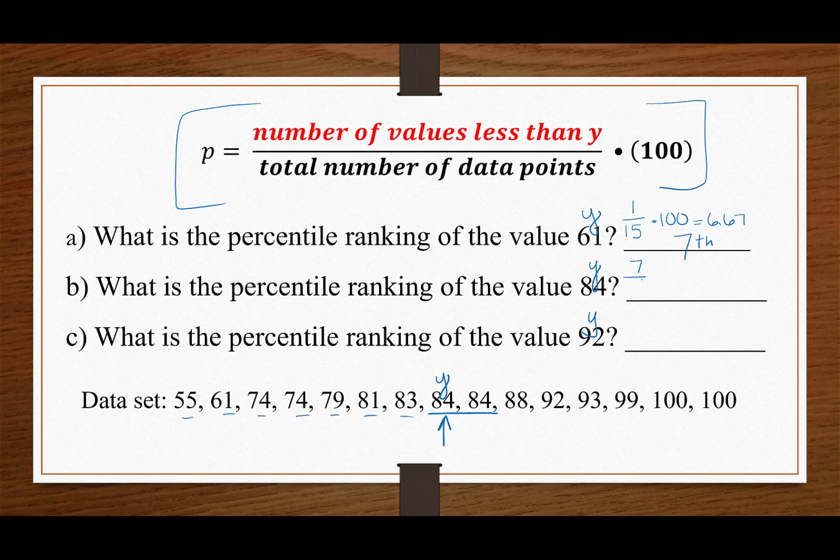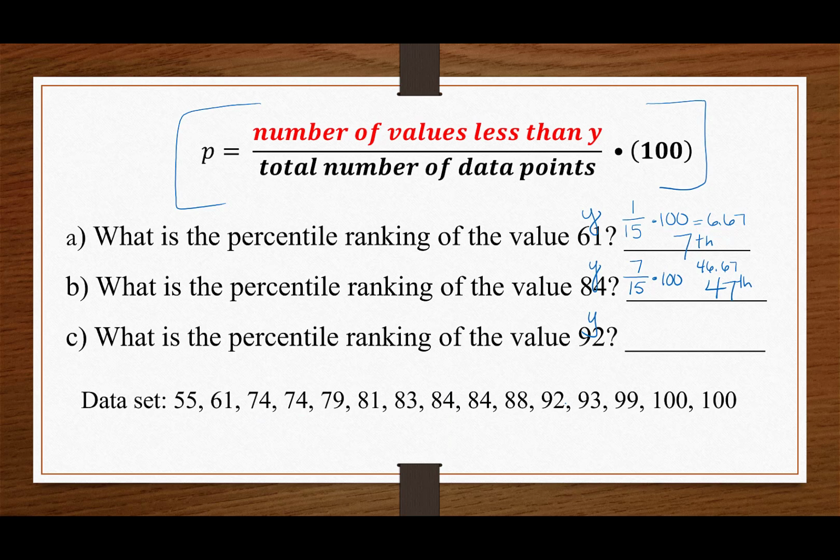So 7 values out of 15 are smaller than 84, so we're going to convert that ratio to a percent. And it converts to the percent 46.67, and we'll go ahead and round it. Percentiles are only given in whole numbers, and so we can say the value 84 falls in the 47th percentile.